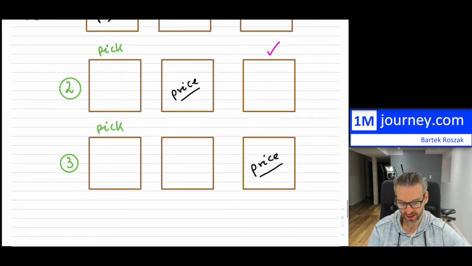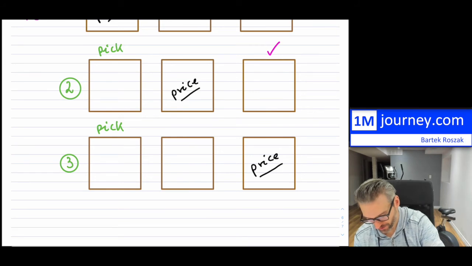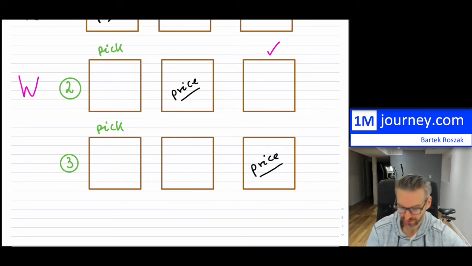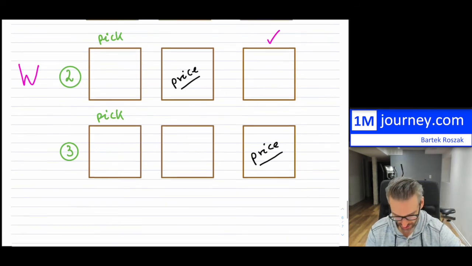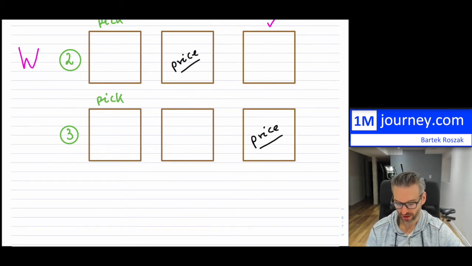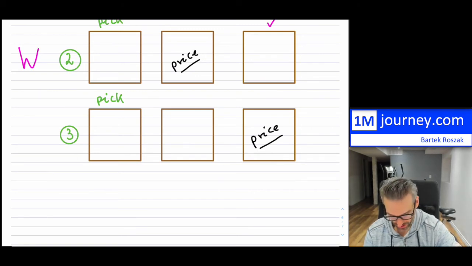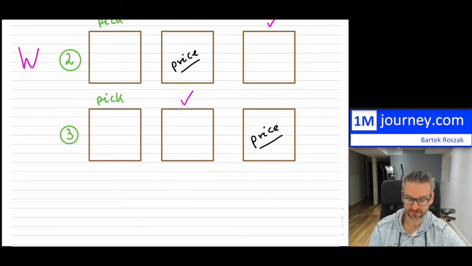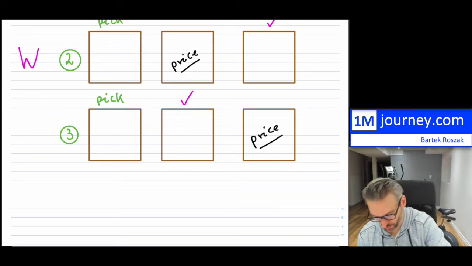So if they're going to be picking that door, then by switching you would actually win. That would make you a winner here if you switched. Now, the last situation: again, you're stuck on the first door. Should you switch or not? Notice again, the host has no choice but to pick this door. And therefore, if you switched, you would win again.